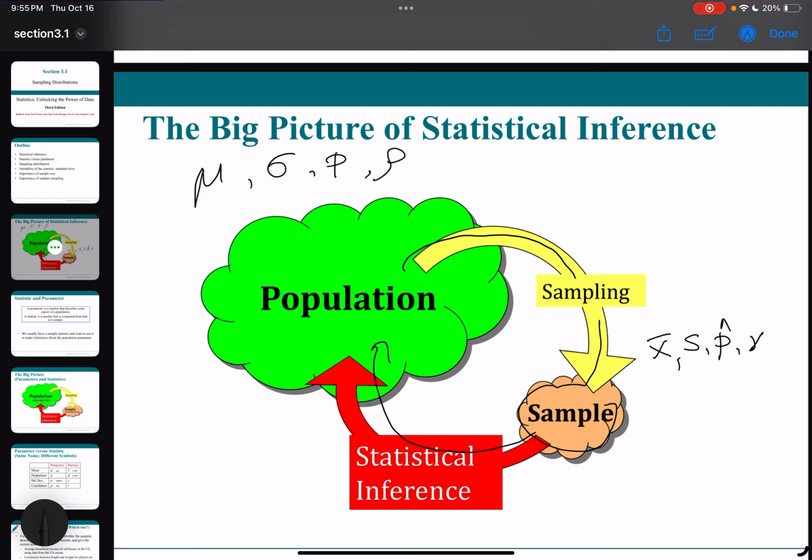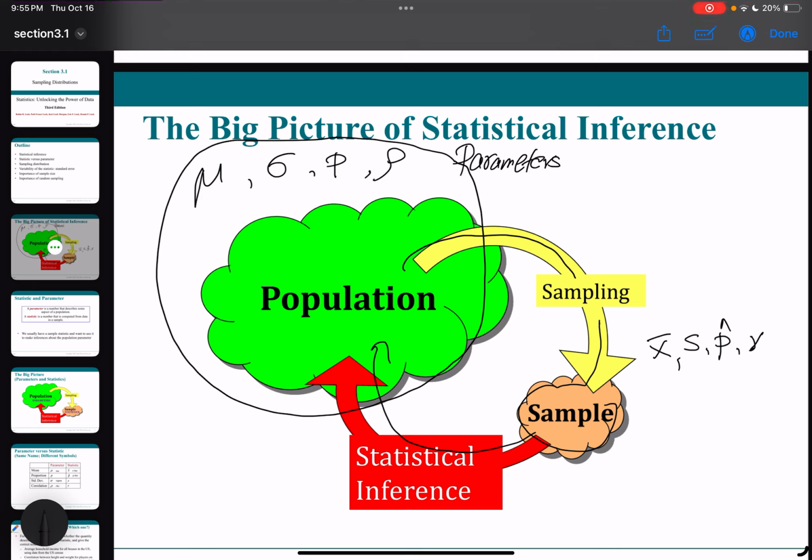Actually, there are four, but when we come to the population, the notations are these, and the sample notations are these. You should know how to distinguish between population notations and sample notations. When we are dealing with the population, these measurements have a general name: we call them parameters.